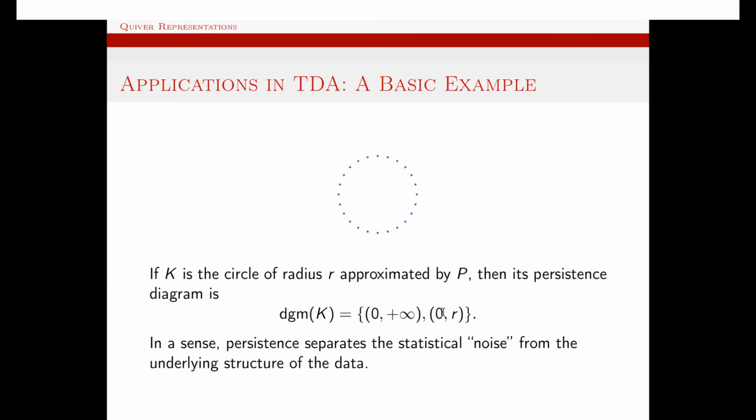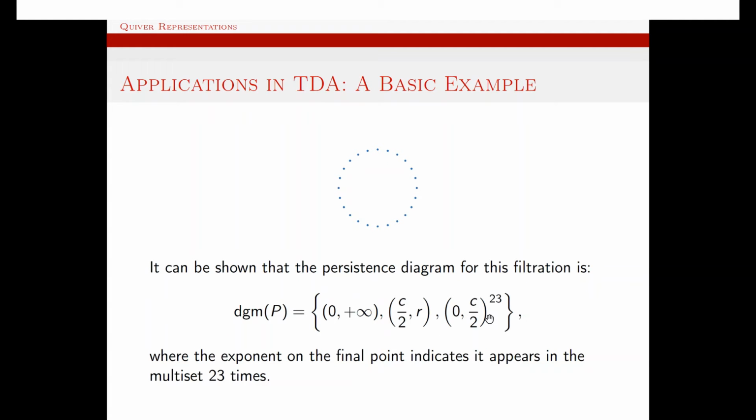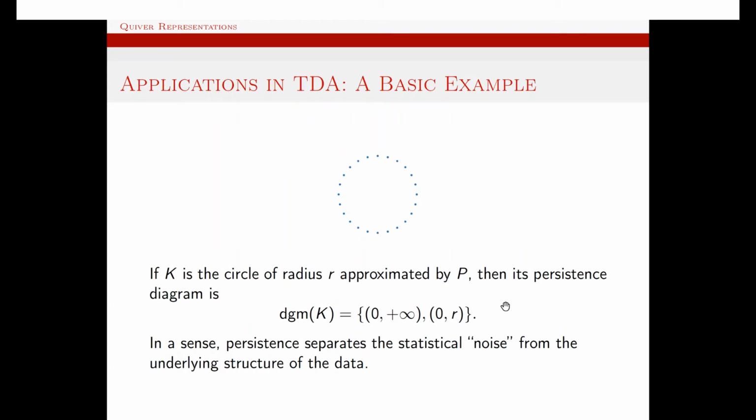And so the more points we add to this approximation, the closer c over 2 will get to 0, and so the closer P will be to approximating our circle K. And then this (0, c over 2) will become closer to the origin. And this number, while it will increase, will be kind of separated from the approximation to the circle. So in this sense, persistence theory can be seen as separating statistical noise from the underlying structure of the data.